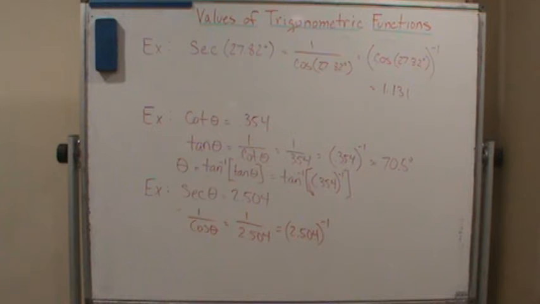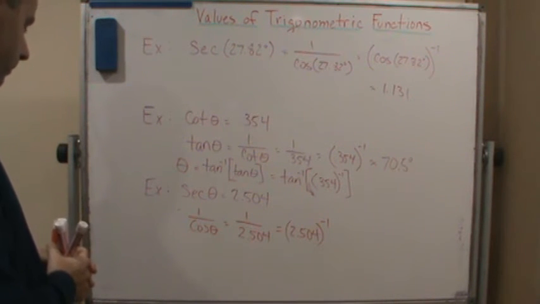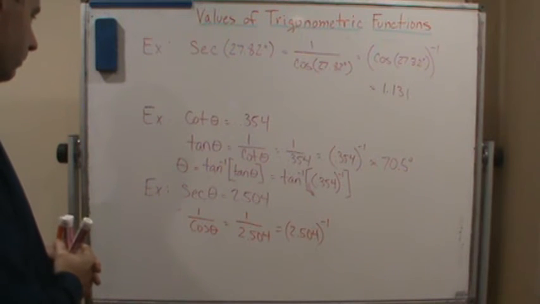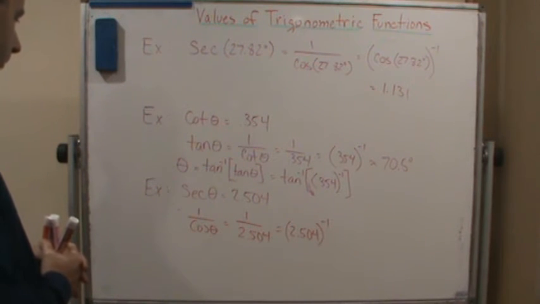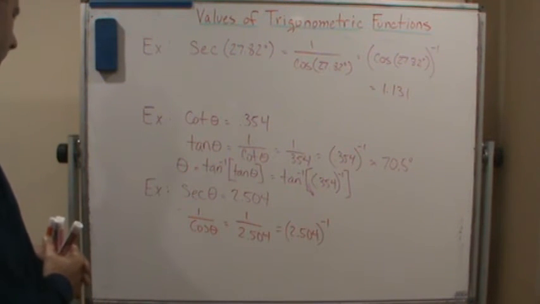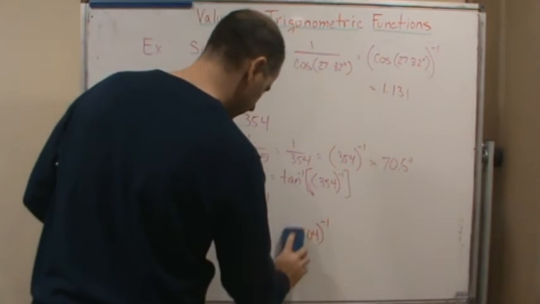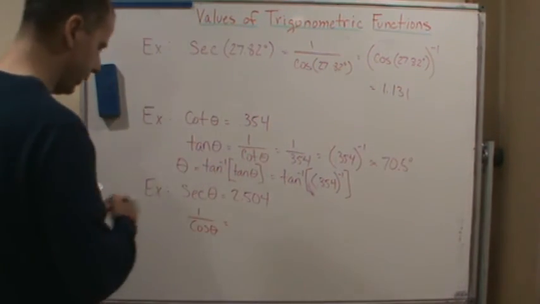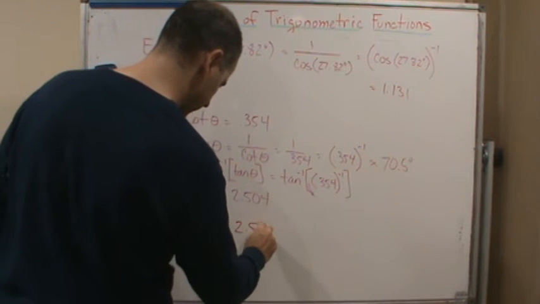Okay, now, hold on a second. Is that what I want to say? Secant. Oh, no, I'm sorry. This is wrong. I jumped the gun. So hold on a second. This is equal to this, so this is still equal to 2.504. That's a mistake. Sorry about that.